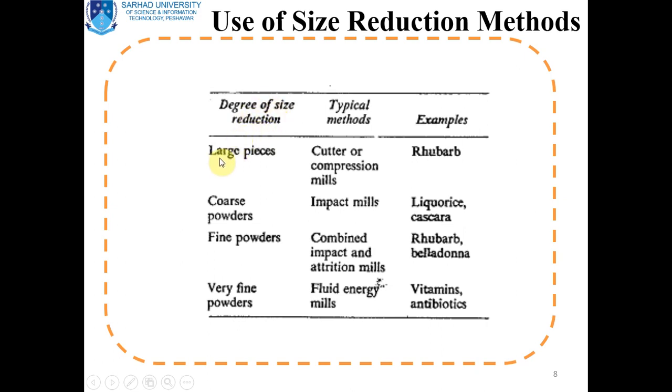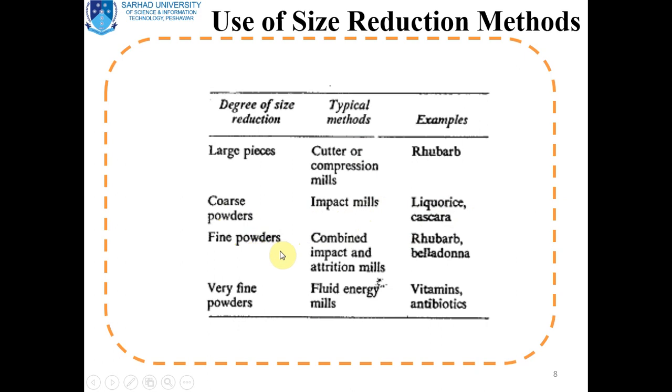For example, if we require large pieces, then the typical methods involved for producing large pieces are cutter or compression methods. Examples are rhubarb and liquorice. If the degree of size reduction is coarse powders, then impact mills are used, for example for liquorice or cascara coarse powders.